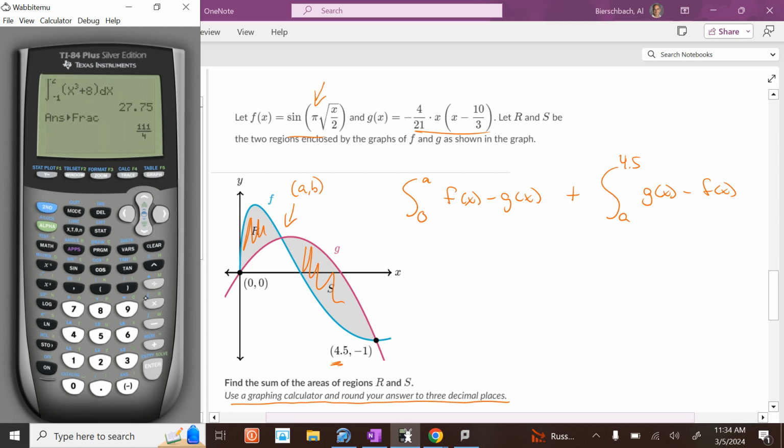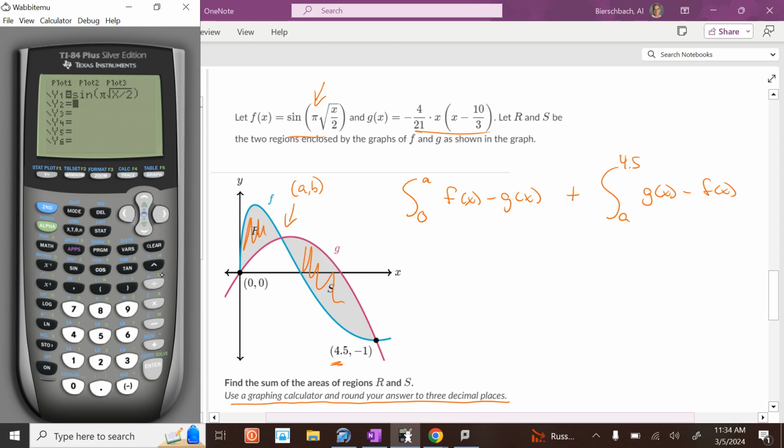Second quit. Y equals the sine of pi square root of x over 2, in parentheses.